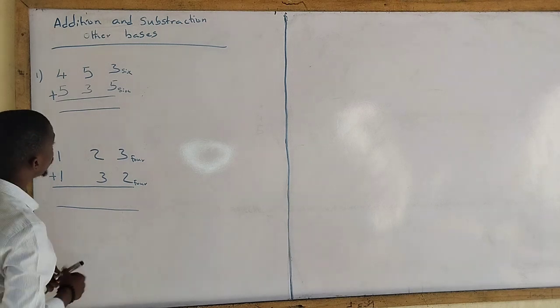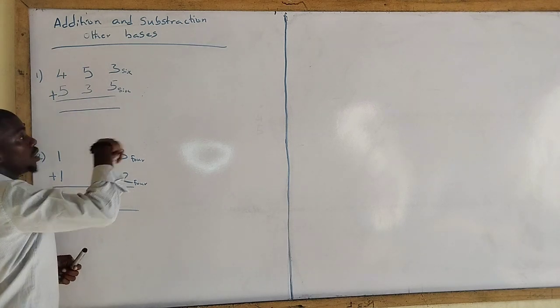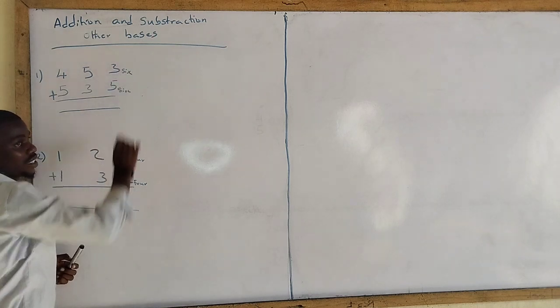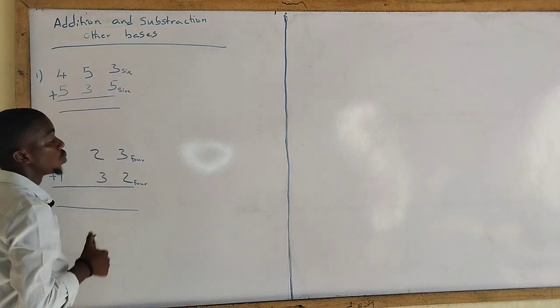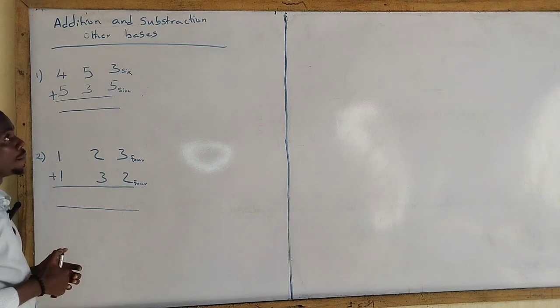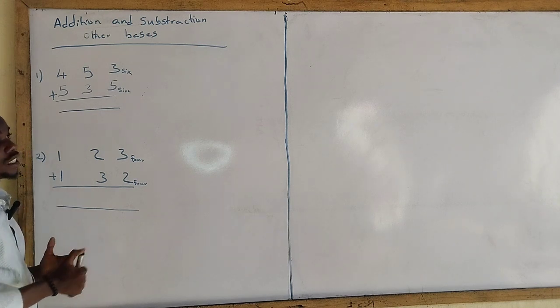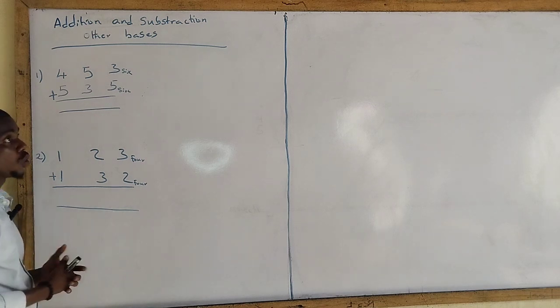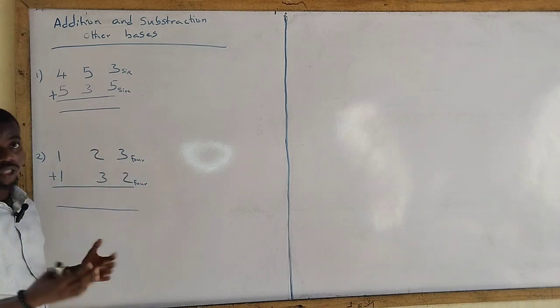So what we have to do is convert it to base 6, since we are working with base 6. How can we do that? We'll do that using two methods, either the quotient remainder method or the long division method.